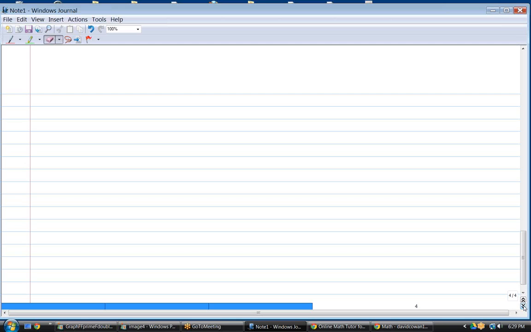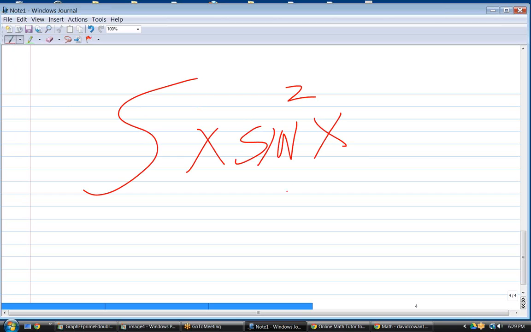I'm not a great chess player either, but I know that chess is a whole lot more difficult than checkers, and so is integration over differentiation. And it's primarily because it's so difficult to integrate products. In other words, to integrate something as simple as x sine squared x requires integration by parts. And you'll get to that at some point, I suspect.